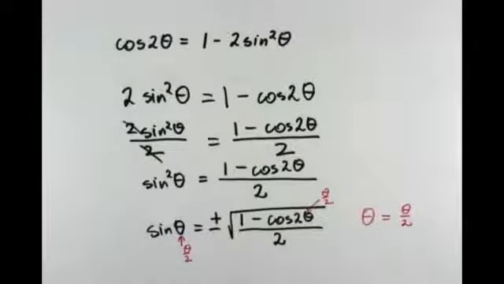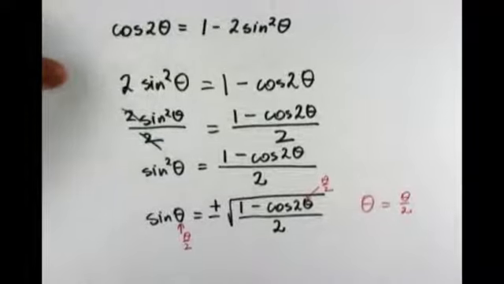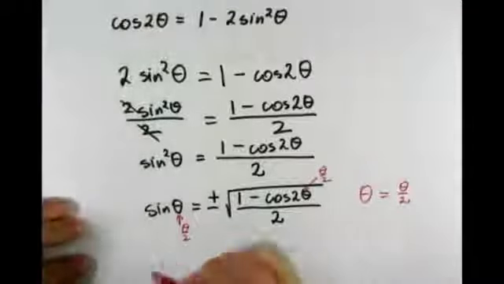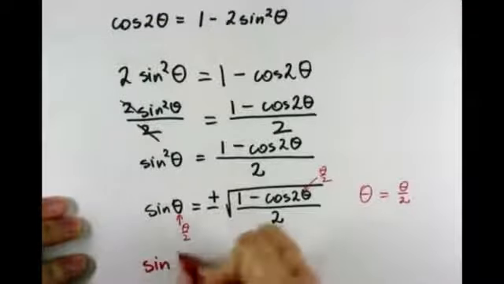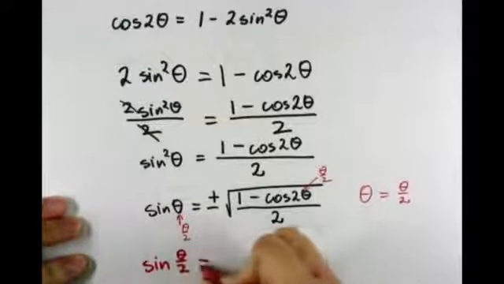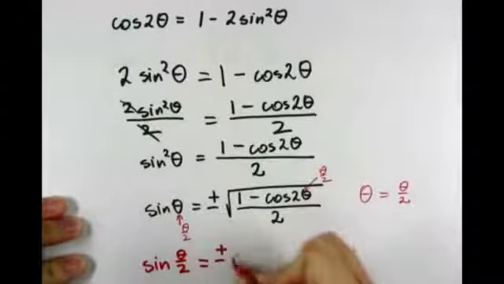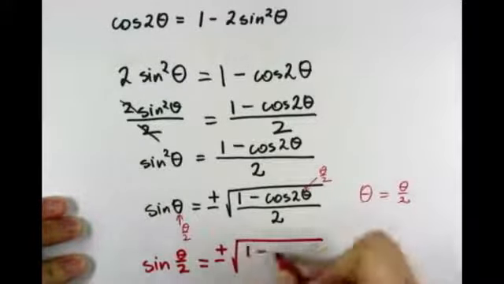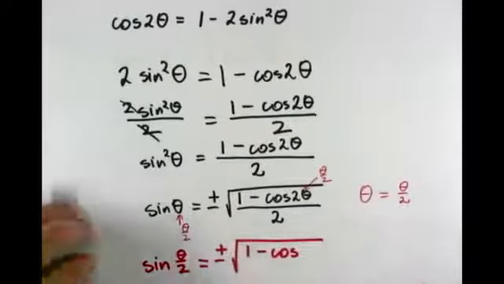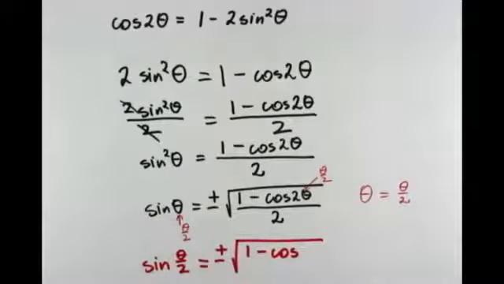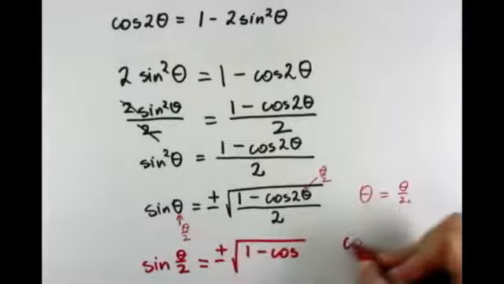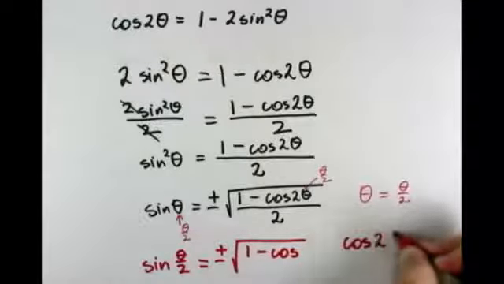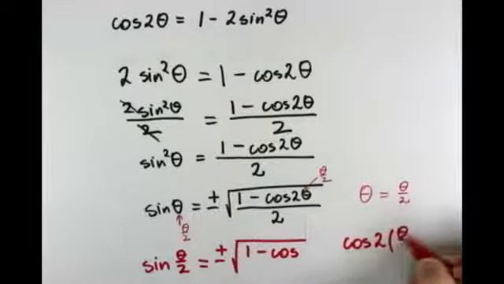And then my formula becomes sine theta over 2 is equal to plus or minus square root of 1 minus cos, and what we have right here, I would have cos of 2 times theta over 2.